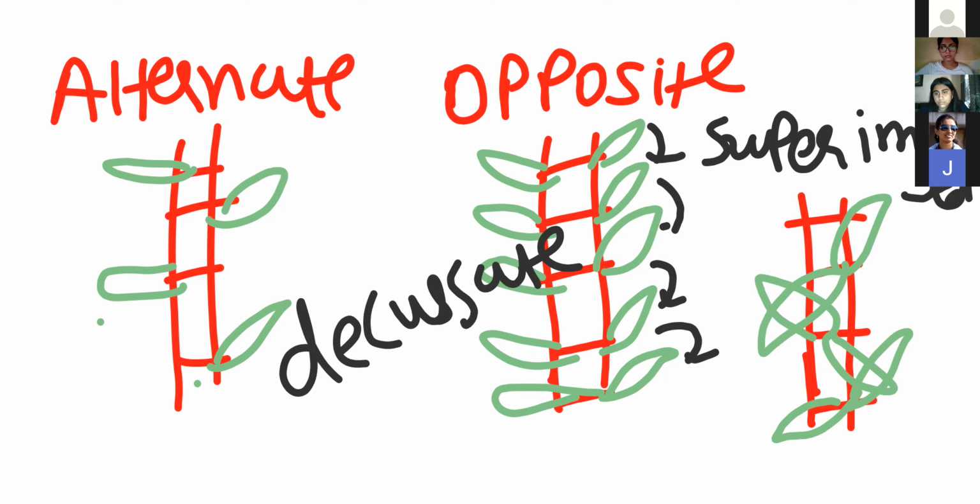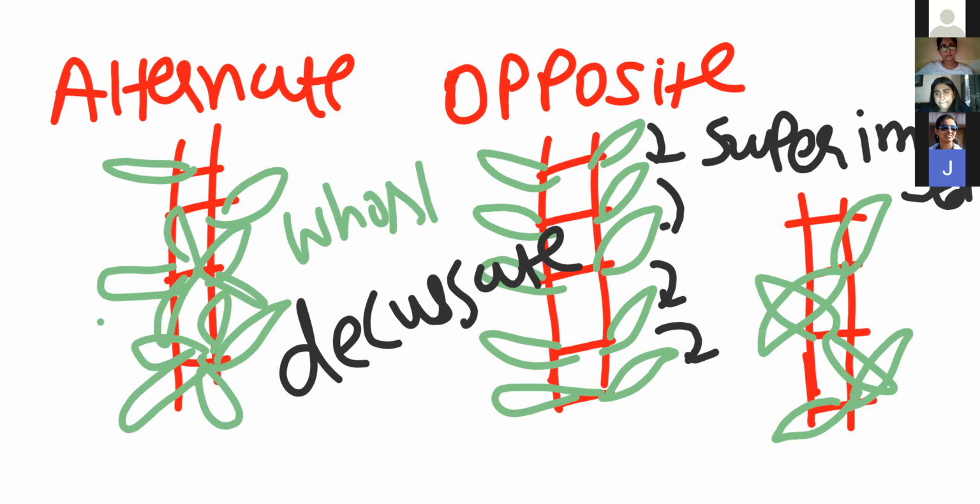And if on each node more than two leaves arise and make a whorl-like structure, that we call whorled phyllotaxy. Clear? Now, examples for this phyllotaxy. Alternate: China rose, mustard, and sunflower.